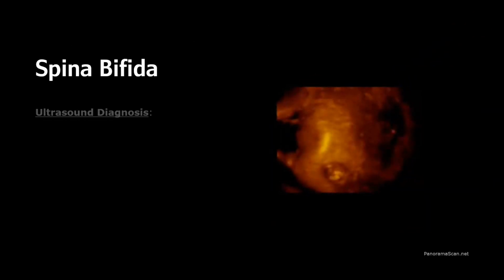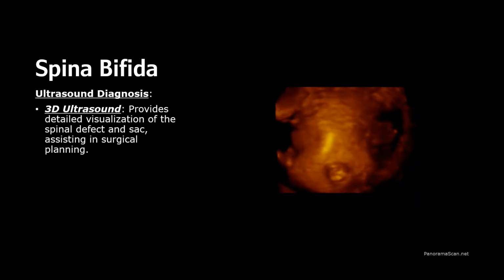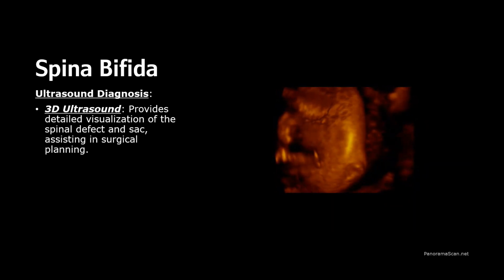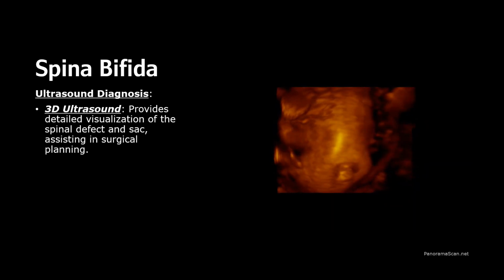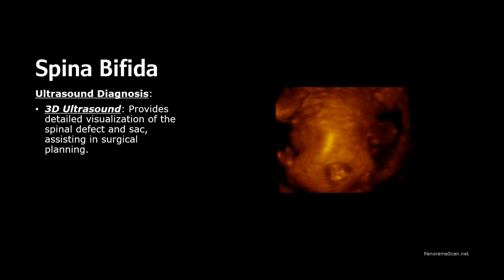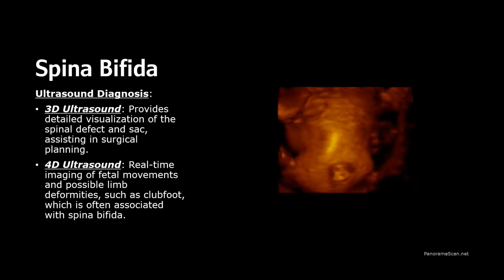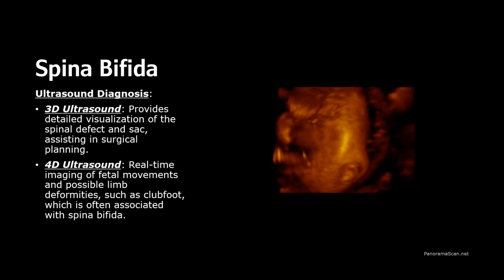3D ultrasound is invaluable in providing a detailed visualization of the spinal defect and associated sac. This is crucial for surgical planning, allowing for precise assessment of the location and extent of the defect. On the other hand, 4D ultrasound enables real-time imaging, offering insight into fetal movements.